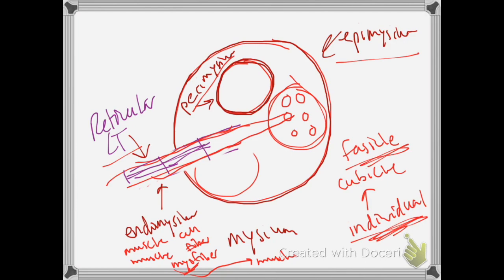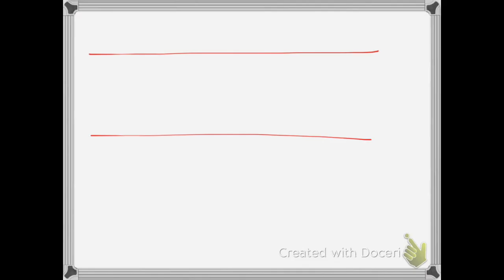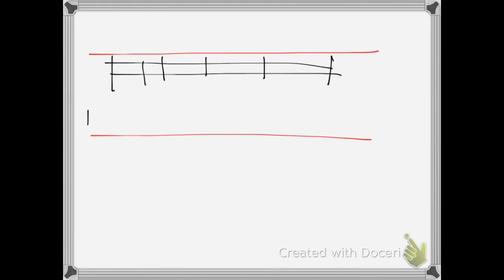So this is one myofibril. If I was really drawing a single skeletal muscle cell, remember they're nice and long. So if I was drawing it like this, this would be one myofibril.